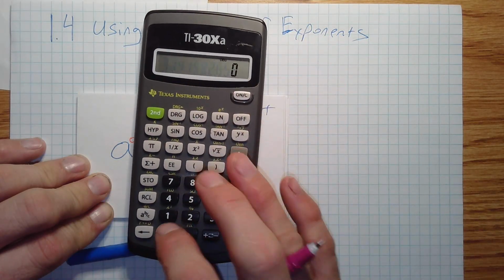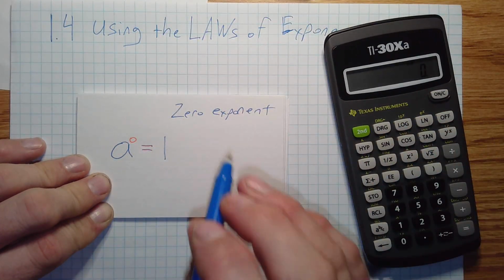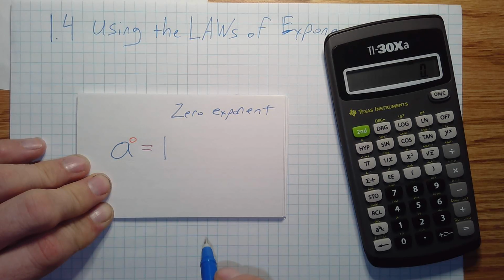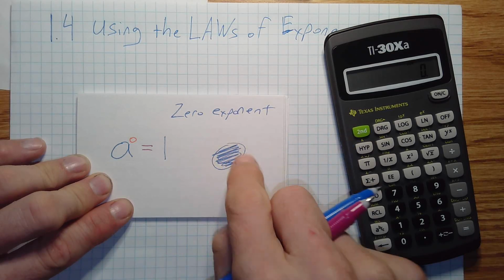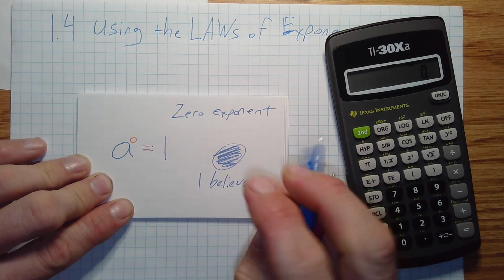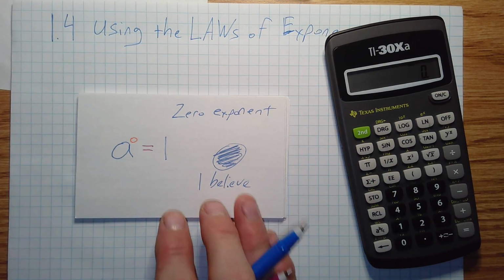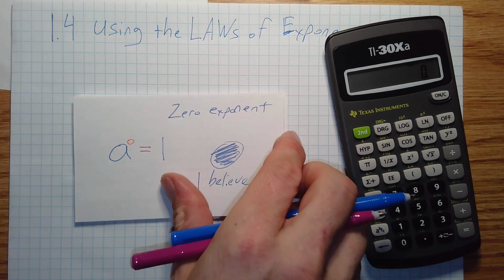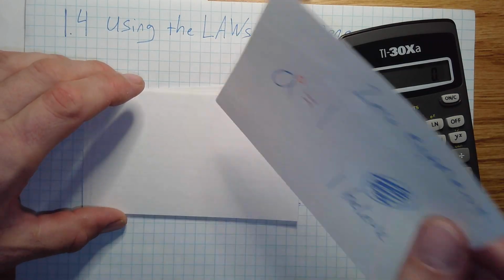Pi to the 0th equals 1. It's a spin off of another one, the quotient of powers, and you'll see that in a minute. It'll be easy for you if you push the I believe button and just remember that one. You can also watch a YouTube video, of which there are many.